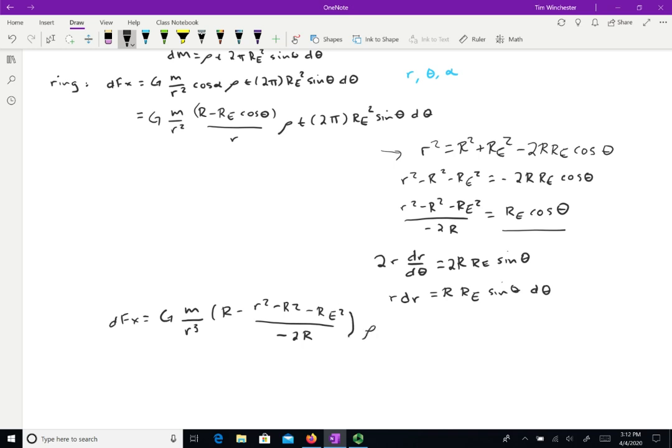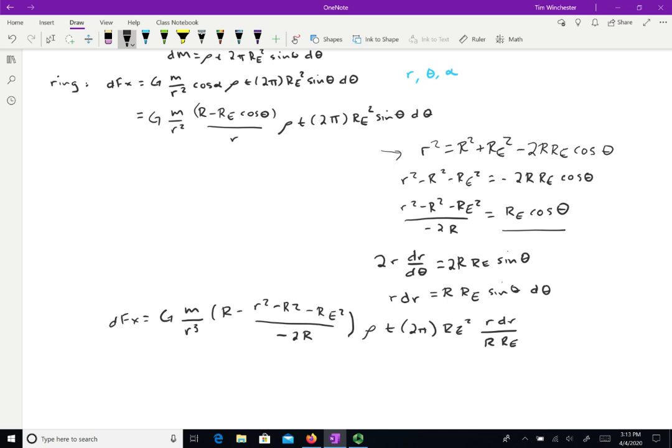And then rho times t times 2 pi. And to replace the sine theta, I've got R_E's. I'll keep those R_E's as they were. And then sine theta d theta is going to be r dr over r R_E, like this. So now, using a variety of algebraic techniques, I was able to get everything in terms of constants and the one variable, lowercase r.